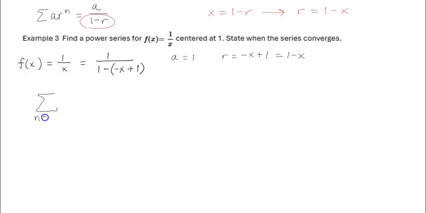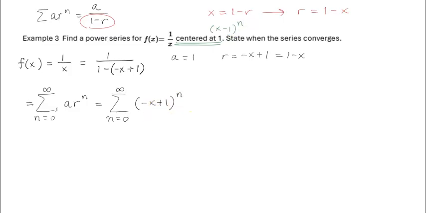When I say fill out the sum, I mean specifically the geometric sum of a r to the n. A is 1, so I don't have to write that. And r is negative x plus 1 that gets raised to the nth power. I'm going to clean this sum up so it looks like it is centered at 1, because centered at 1 means that I want to be seeing powers of x minus 1 on the inside of the sum.